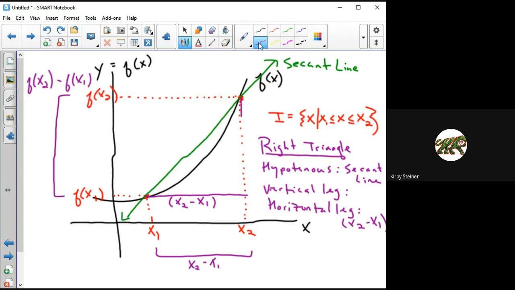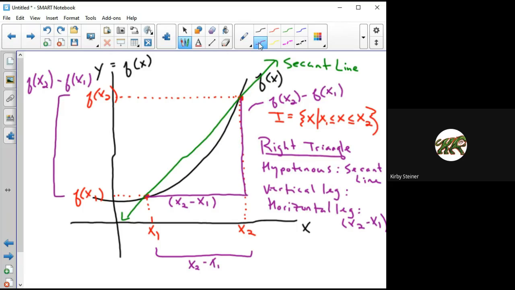So I'm going to make a line here. I'm going to call this part f of x2 minus f of x1. All right, so now we have this right triangle made here by the secant line and our interval.